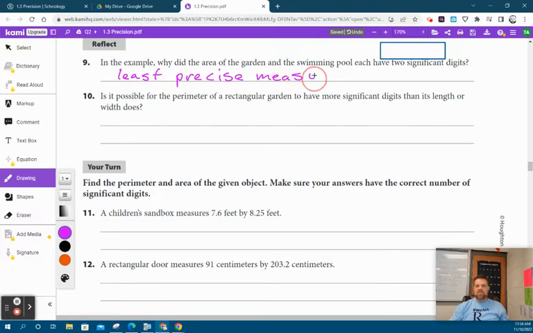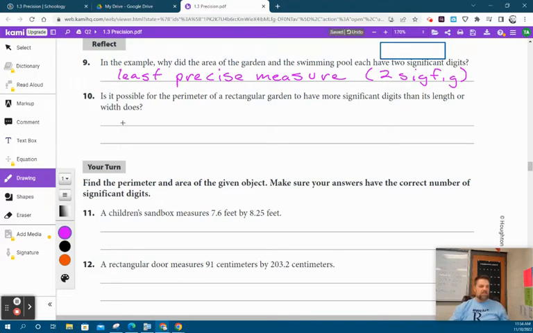So we went with the least precise measurement. This is about accuracy and precision, and that had two significant figures, or digits. Textbook says digits, but Mr. Adams keeps saying figures.